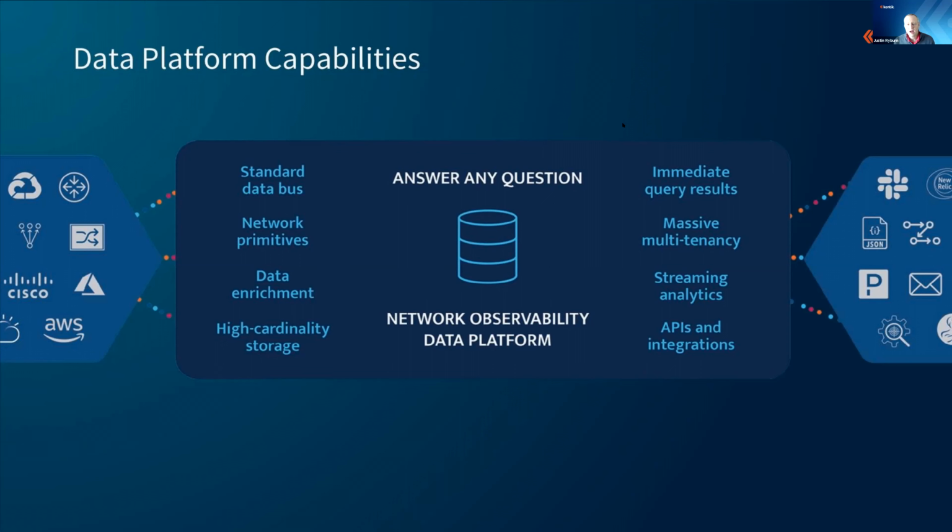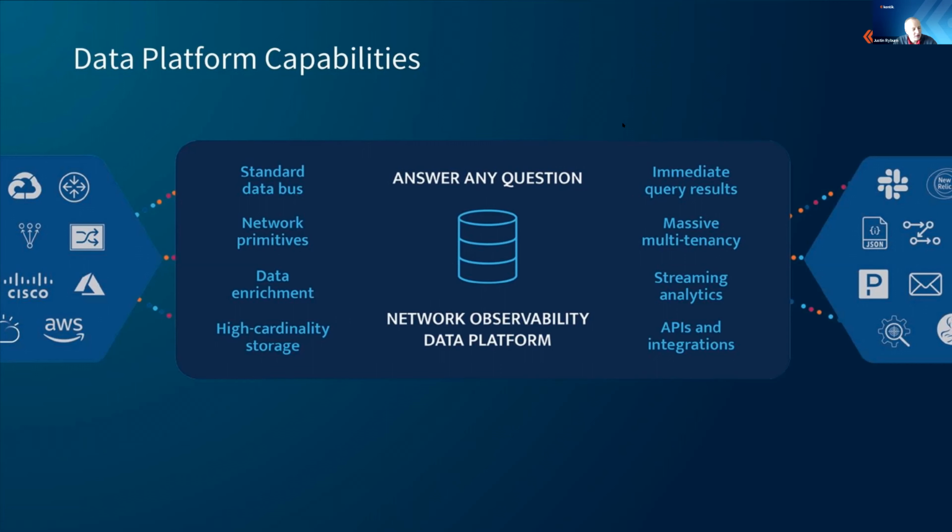You need to have a large enough volume of storage so that you don't have to do any type of map reduce or something where you have to roll up the data into aggregates, because that leaves you blind when you get ready to do real-time troubleshooting and try to peel back the layers of the onion. You don't want a platform where you have to predefine in advance what you want to look at, because how do you know today what you're going to want to look at a week from now or a month from now when you have a network incident?